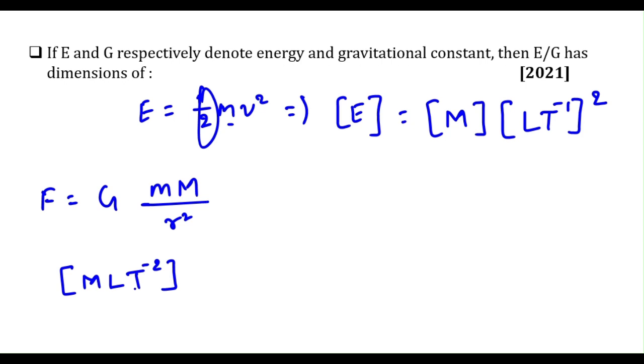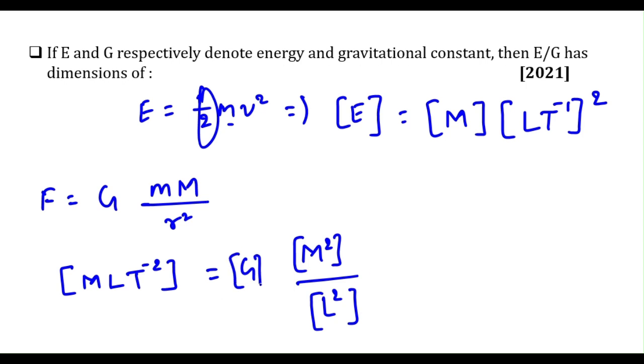For force we have obtained this relation, dimensional formula. M, this is mass and this is acceleration, if you can see properly. And then we have G, this is m square, and this is the distance between the centers of masses of these two bodies, so a kind of length, so it is L square.